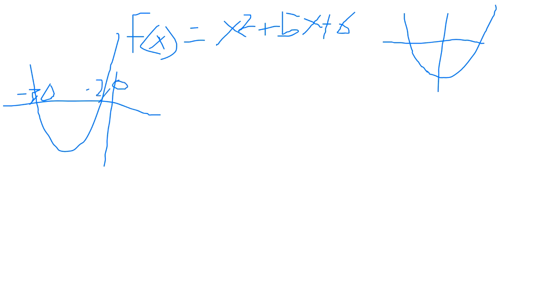Then let us say it's just an example. Here will be, sorry, let's say here is minus 5 over 2 and minus 4.